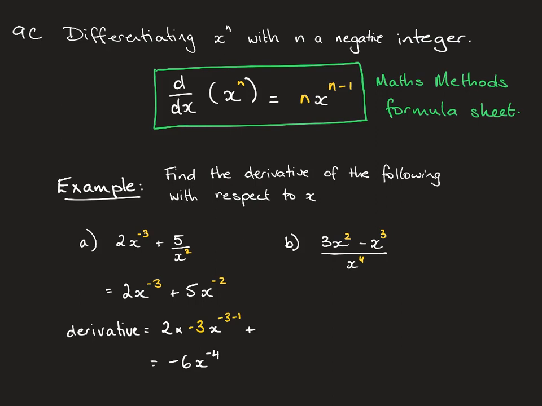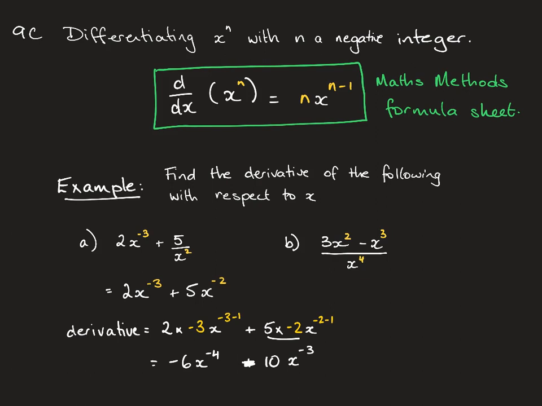For our next term, the 5 multiplies, the power comes down, minus 2, and our power drops by 1, so it's minus 2 minus 1. That becomes minus 10x to the power of minus 3.